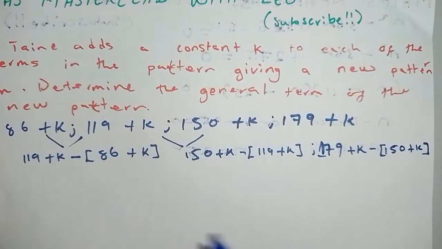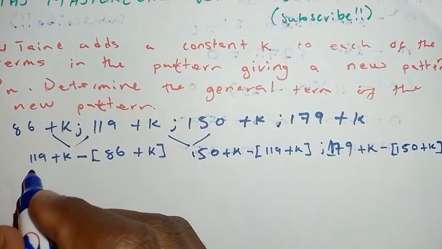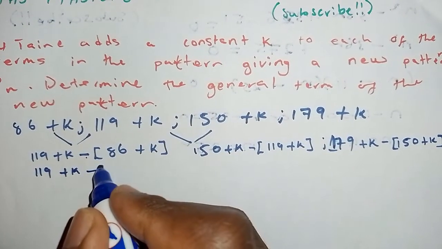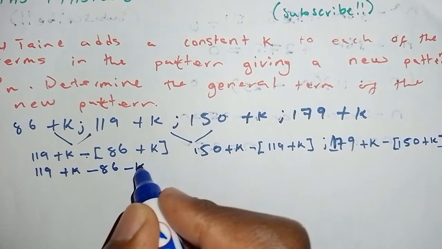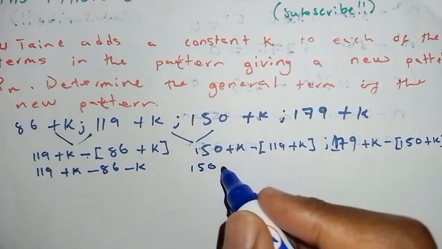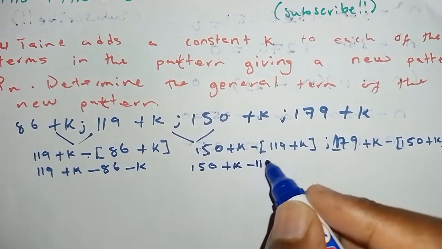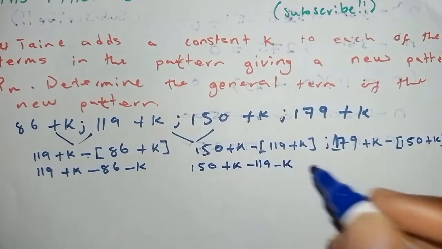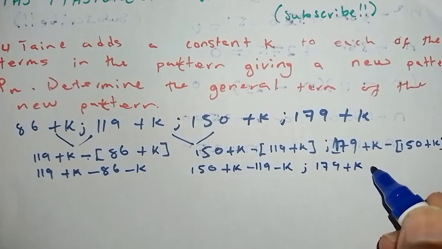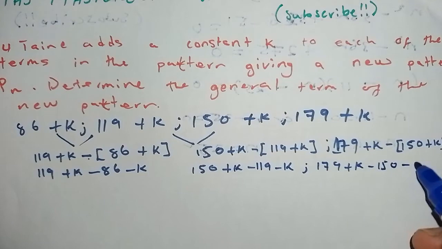Then I'm gonna have 119 plus k. This will multiply everything. I'll have 86, I'll have minus k, right? And then here I'll have 150 plus k minus 119 minus k. Here I'll have 179 plus k minus 150 minus k.